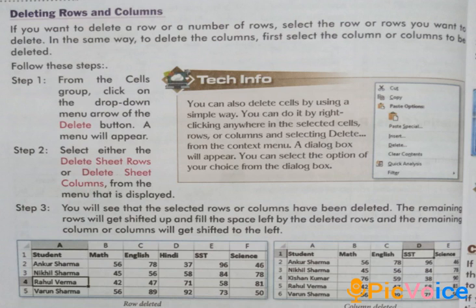And step 2, select there delete sheet rows or delete sheet columns from the menu.